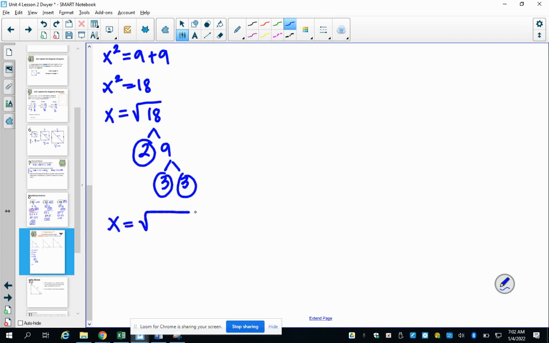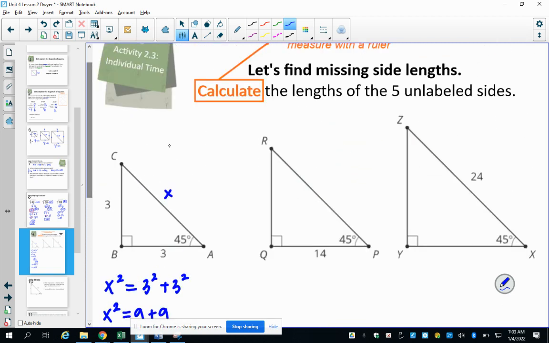So x equals, and I'm going to put those 3's together as 3 squared, and we still have this 2. The square root will cancel the squared on the 3, and the 2 will stay under. So the exact form, non-decimal, of this is 3 square root 2.